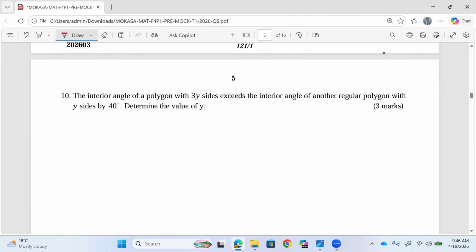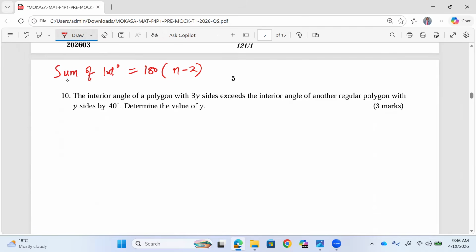All right. One thing that we're supposed to understand here is that the sum of interior angles is usually given by 180 into n minus 2. N is the number of sides.